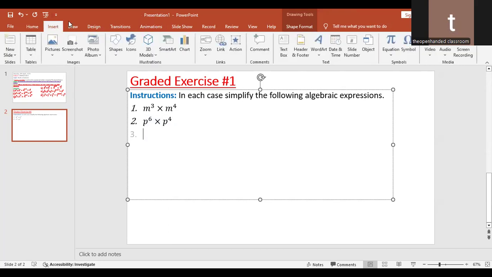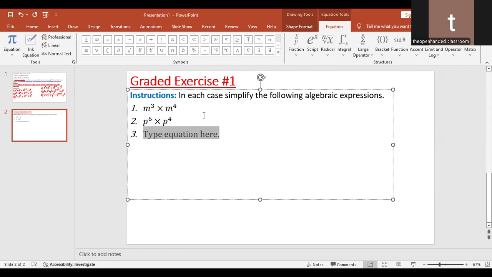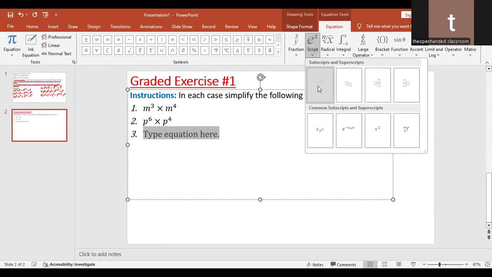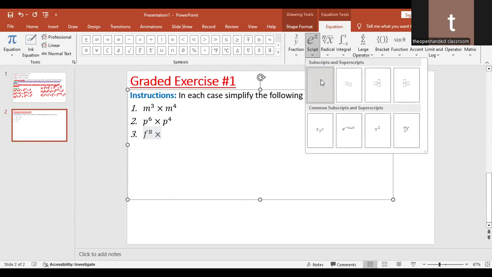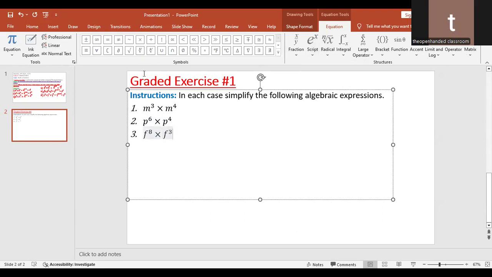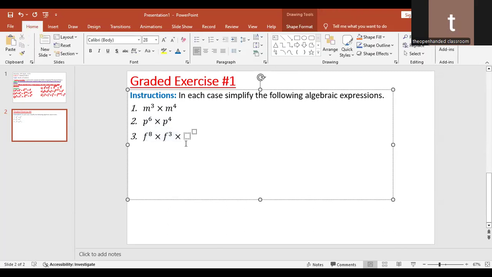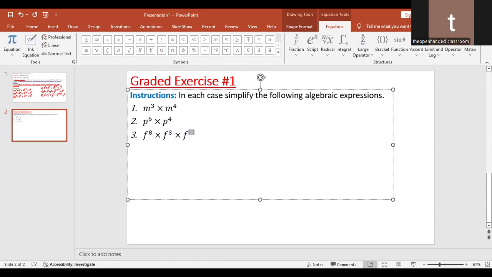Then we have f to the power of 8 multiplied by f to the power of 3 multiplied by f to the power of 5.